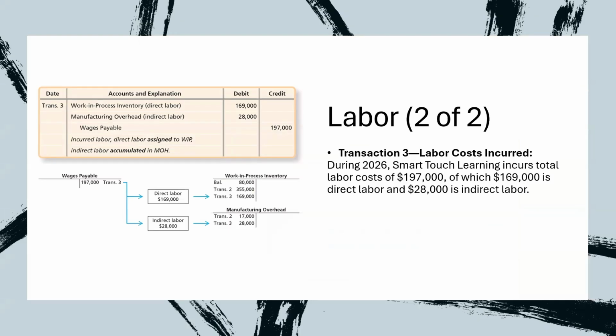So during 2026, Smart Touch Learning incurs total labor costs of $197,000, of which $169,000 is direct labor and $28,000 is indirect labor.